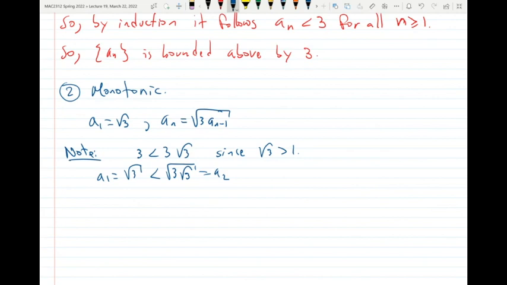And actually I'm going to play the same game now. I want to show by induction that if you know that a1 is less than a2, then ak is less than ak plus 1. Okay?